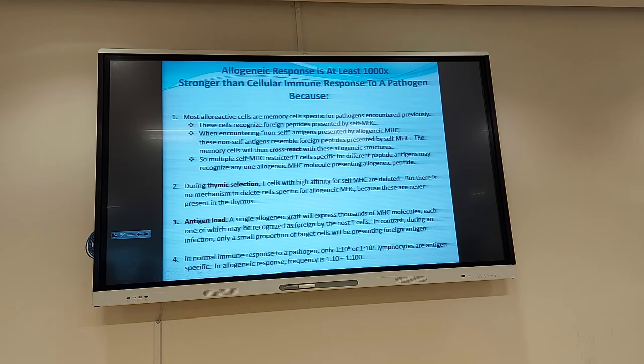And there's several reasons for this. One is that your antigen load is much higher when you are trying to transplant a kidney or a liver into a recipient. Because imagine that transplant, those are all non-self antigens, much more than if you get a natural bacterial replication or virus replication or whatever, right?